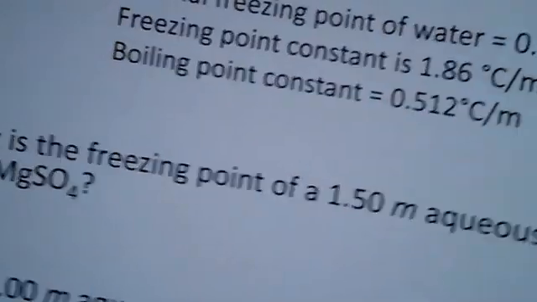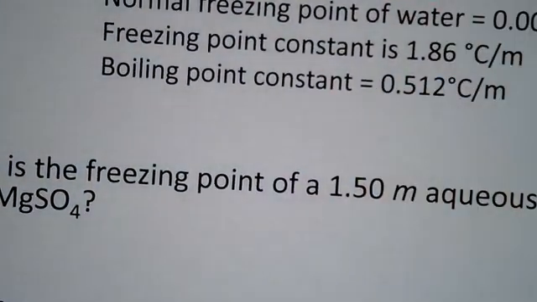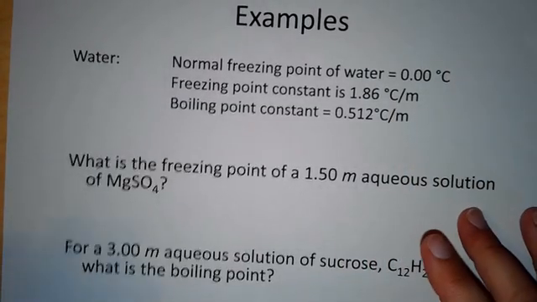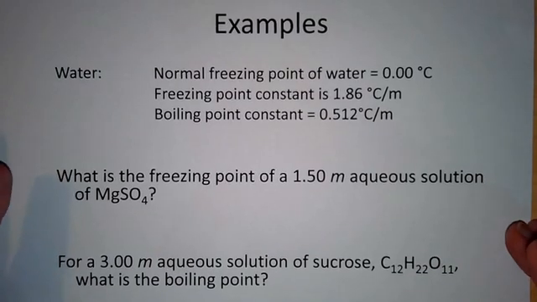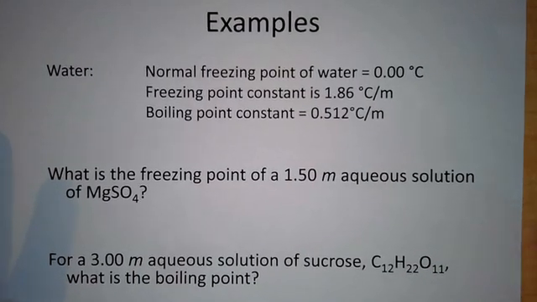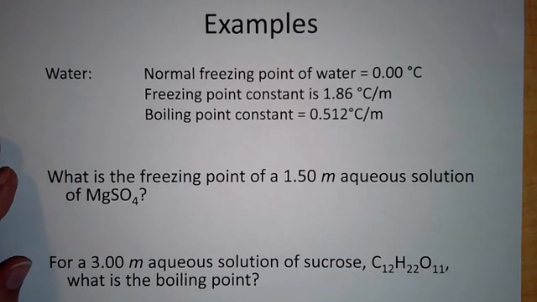So with vapor pressure, boiling point, freezing point, and osmotic pressure, we can either have a non-electrolyte solute or an electrolyte solute. So we need to know what kind we're looking at and then be able to incorporate the i value. So for freezing and boiling point, if we have an electrolyte solution, so i is not 1 anymore, we just need to multiply by the i value.